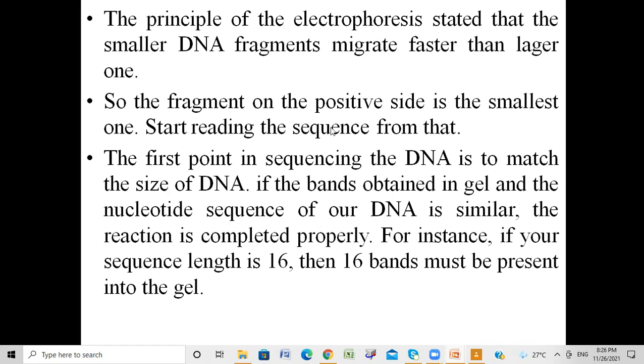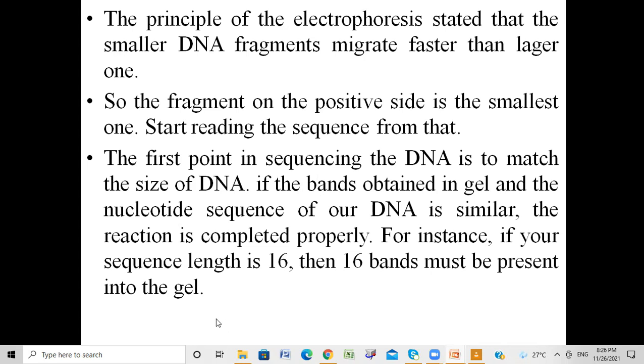Then you have a check here. When you have the PAGE, the polyacrylamide gel, and you know that the DNA sequence you are interested in has 16 bases, then you have to have 16 bands. If in the gel you have 16 bands, then you are pretty sure that the sequencing has worked correctly.